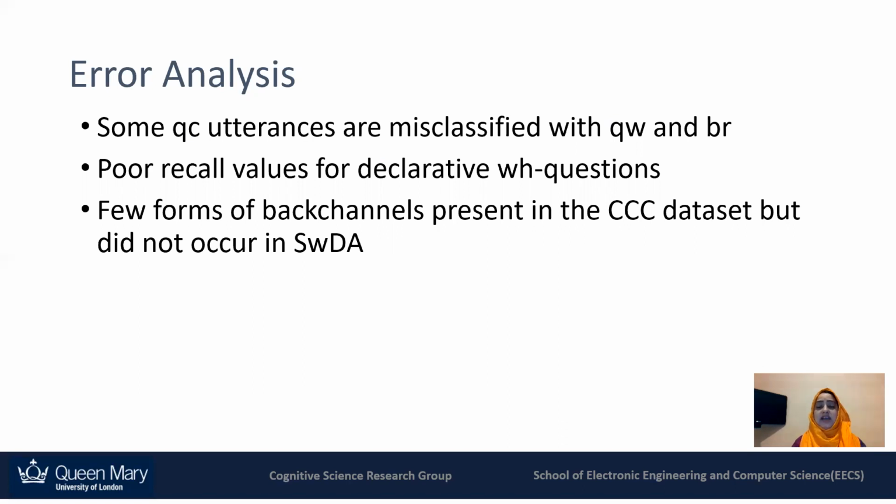However, adding the contextual information improves the accuracy of this class. Similarly, there are poor recall values for declarative WH questions. We also observed that a few forms of back channel that are present in the Carolina's dataset did not occur in the SWDA Switchboard corpus and are missing from the training data.